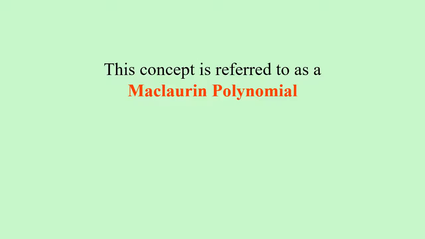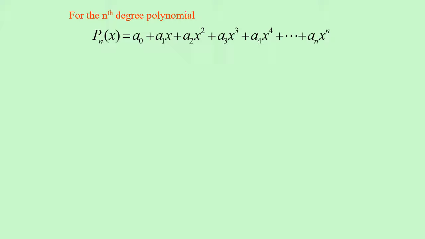So let me show you what we mean by a Maclaurin polynomial. As you can see here, we're talking about a polynomial where we're using a sub 0 here to mean the constant term. a sub 1 is the coefficient of x to the 1, a sub 2, coefficient of x to the 2, a sub 3, coefficient of x to the 3, and so on.